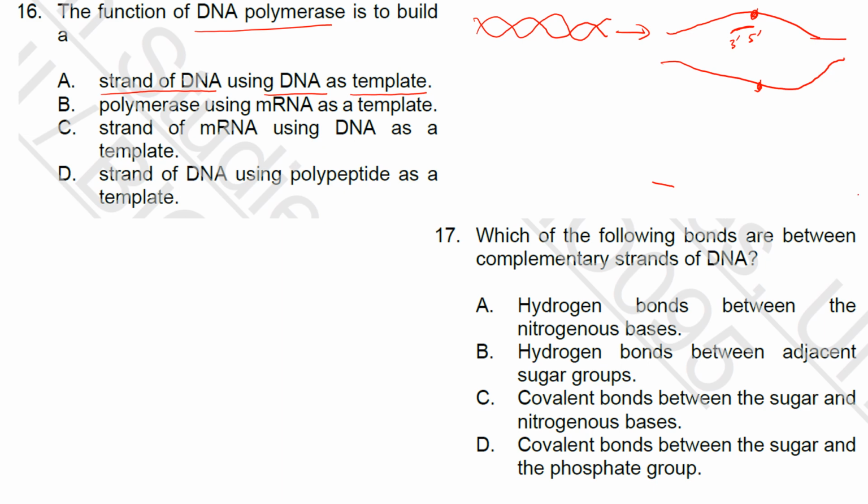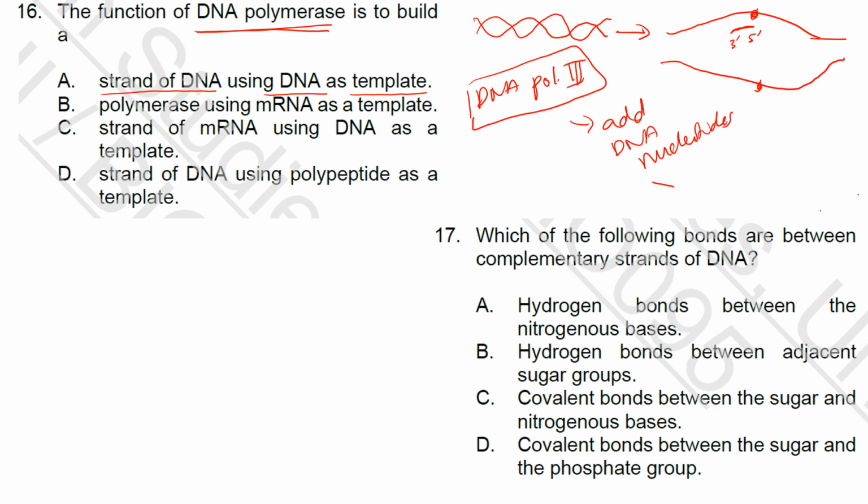Then will come the enzyme. The enzyme involved is actually DNA polymerase 3. The function of DNA polymerase 3 is to add DNA nucleotide at the 3' end of the primer, or the existing strand.